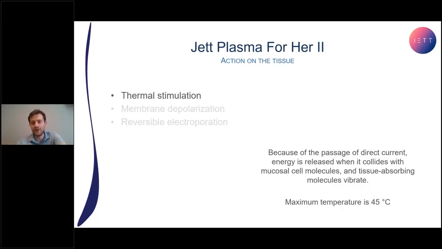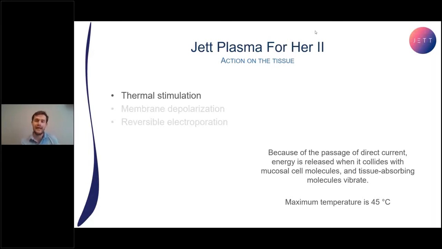With contact gel there is much lower heating, and the maximum temperature that we create is about 45 Celsius. This is very important because 45 Celsius allows us to change the architecture of proteins, of molecules that contain proteins, but we do not create changes in a coagulation way, so we do not create any ablation.